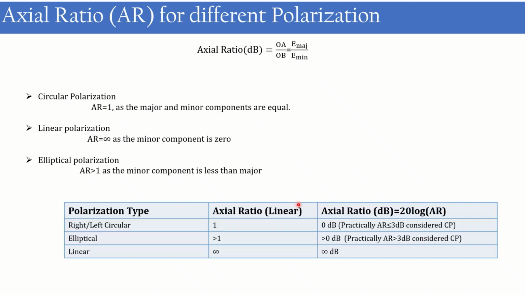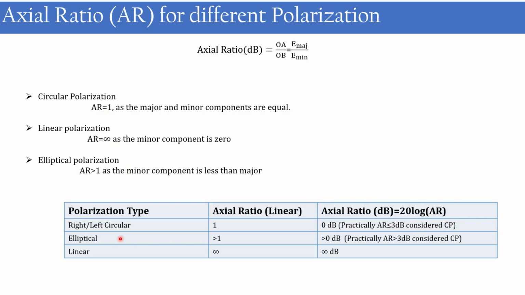If you want to convert the axial ratio from the linear scale to the dB scale, you have to use 20 log of AR, and in the case of circular polarization, it will be 0 dB. In the practical case, if the axial ratio is less than or equal to 3 dB, it can be considered as the circularly polarized case.